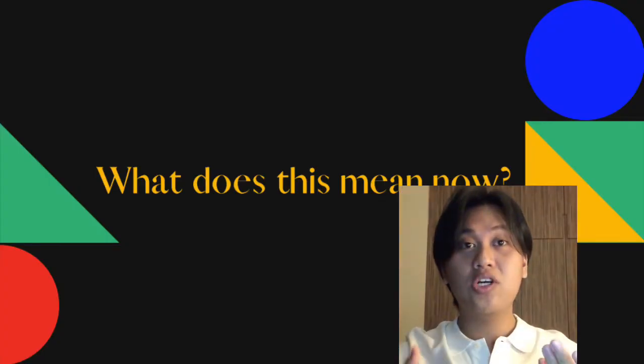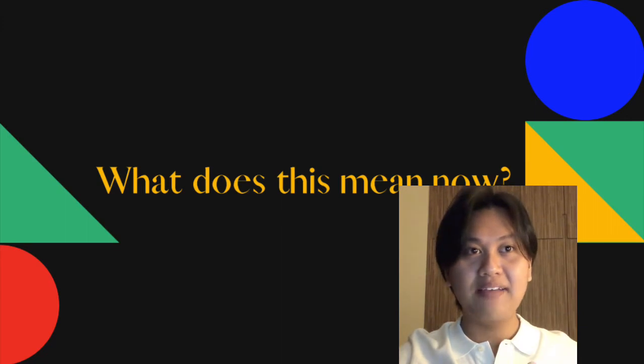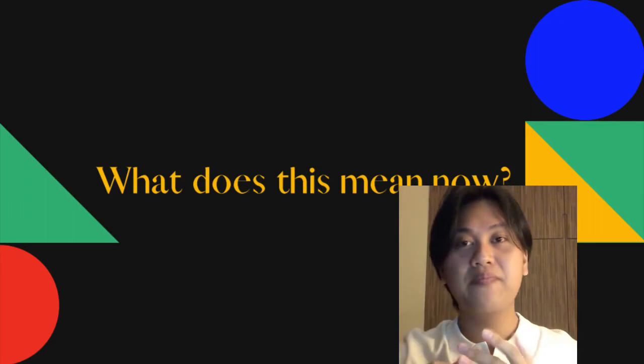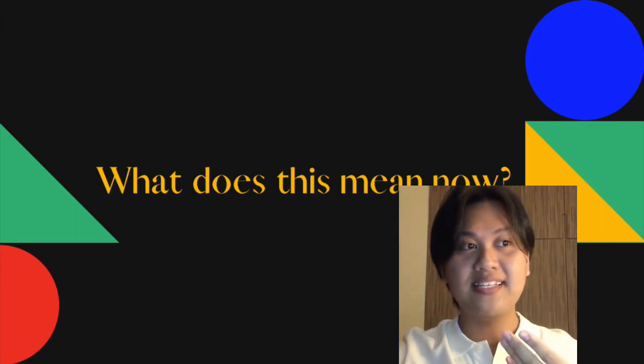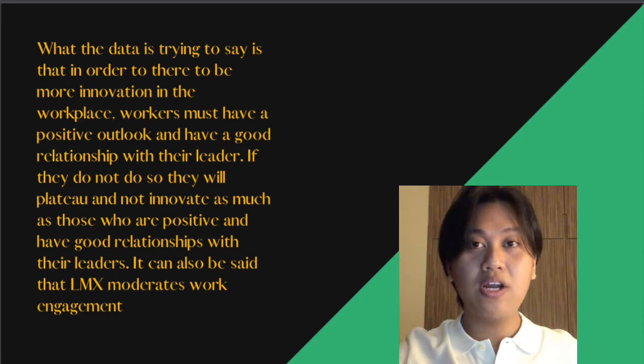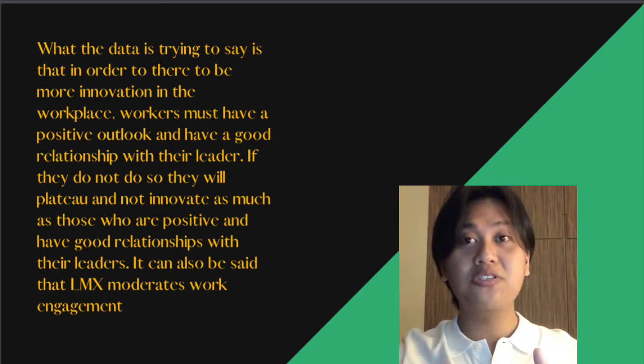Now that we have interpreted and analyzed the data that was given, what exactly does this mean? How can we apply this information to the real world? What the data is basically saying is that in order for there to be more innovation, more new ideas in the workplace, workers must have a positive outlook on their work. They must not have negative thoughts or think badly of their work. In addition, they must have a good relationship with their leader.